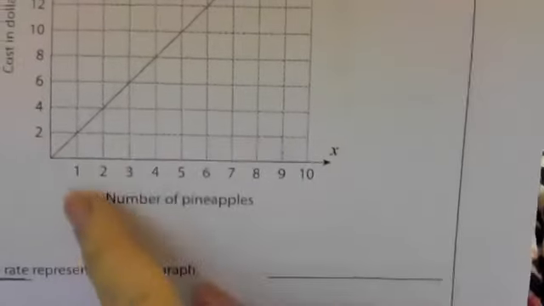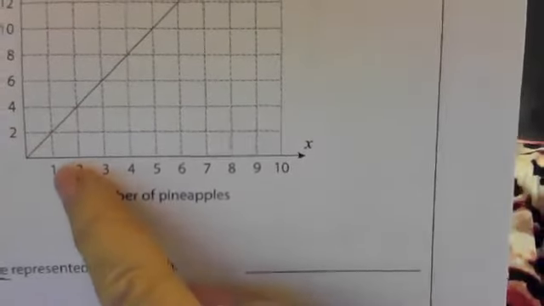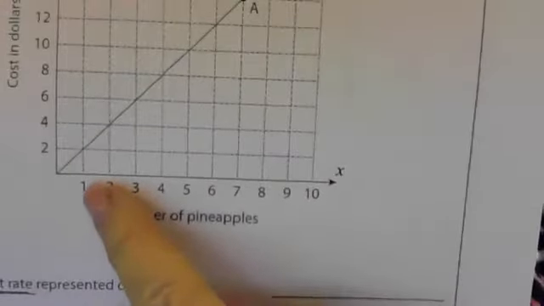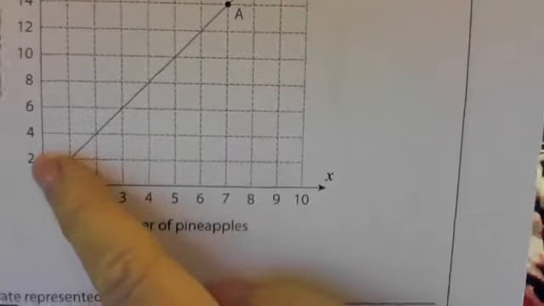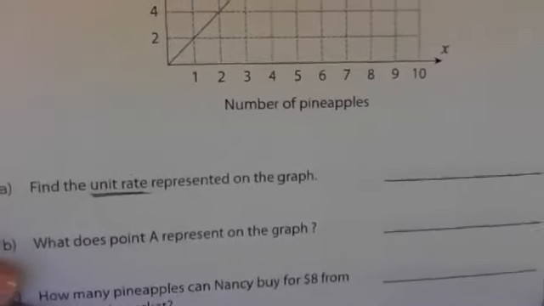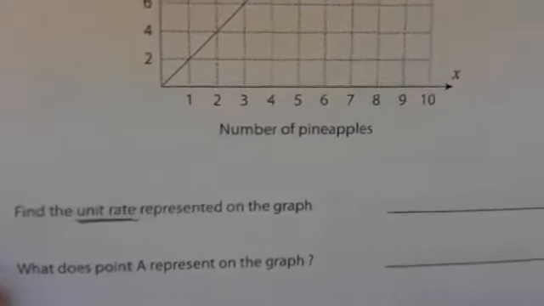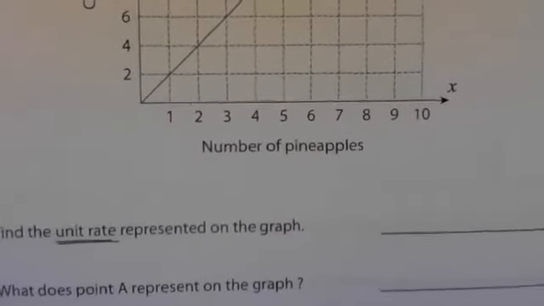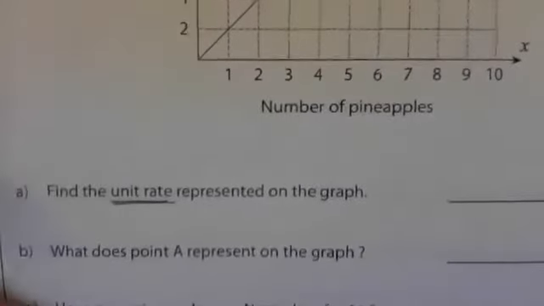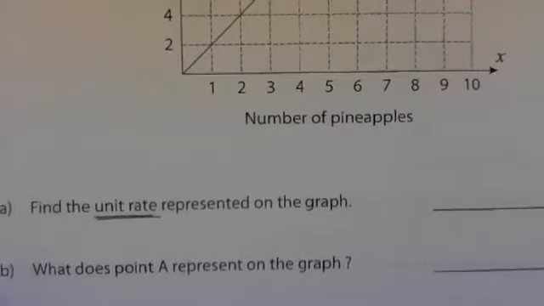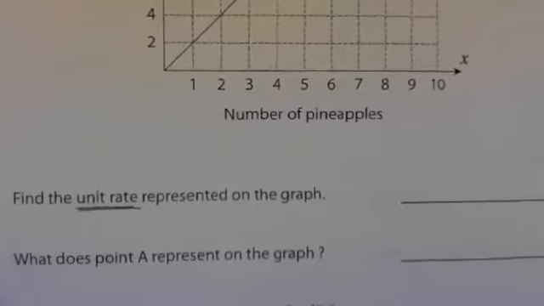Because we're going to look on the graph for unit, which is 1, the unit cost, we go up to the line that is the graph of pineapples, and we move over to $2. So the question to A is, what is the unit rate represented on the graph? It's $2 for 1 pineapple. Let's go ahead and write all that in there, not just $2, but say $2 for 1 pineapple.